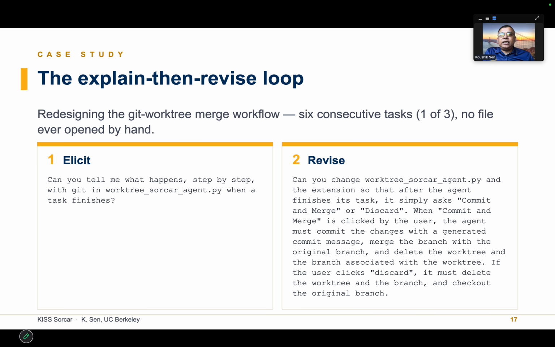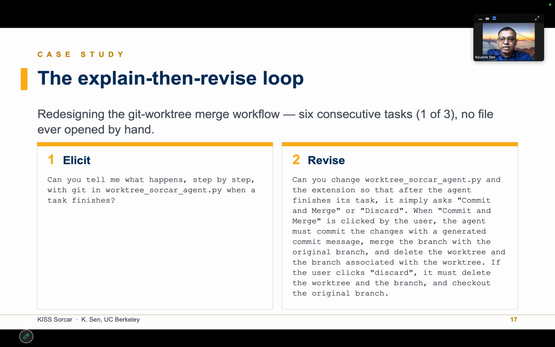I noticed that in Sorcar we implement this worktree based workflow so that different agents do not modify or conflict with each other while changing the code or the file system. So there were some bugs I noticed in that particular feature.